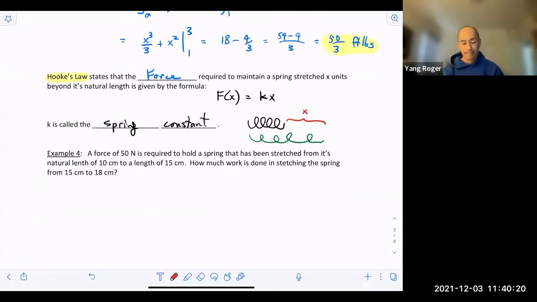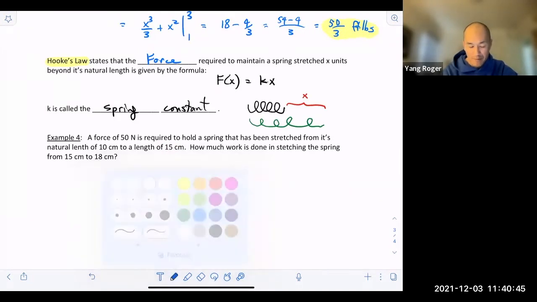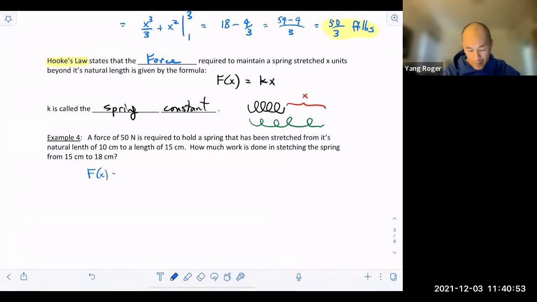So if we were to look at an example, they tell me that a force of 50 newtons is required to hold a spring that has been stretched from its natural length of 10 centimeters to a length of 15 centimeters. Okay, so what can I deduce from that? Well, I know that force is equal to k times x, right?